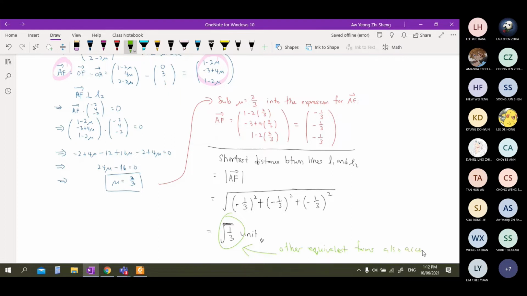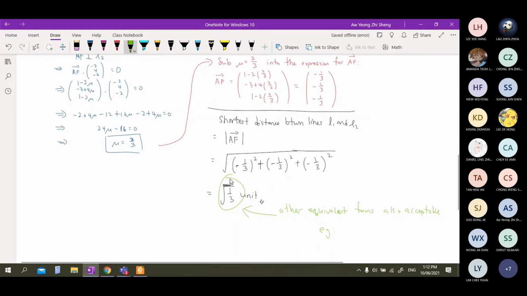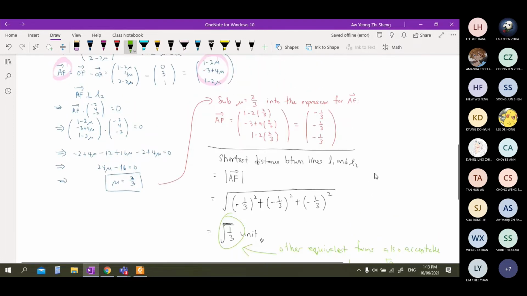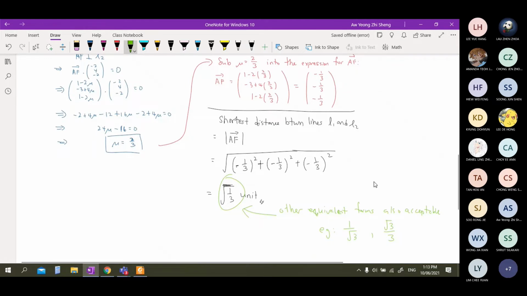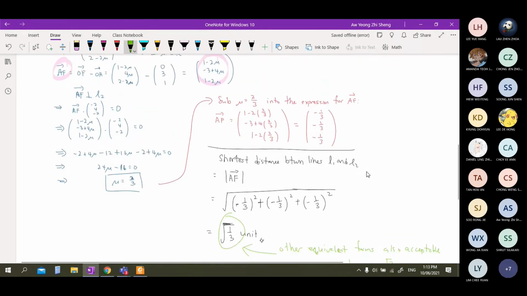Also acceptable. So for example, this can be 1 over root 3, which is also the same as root 3 over 3. And that's it for this question.